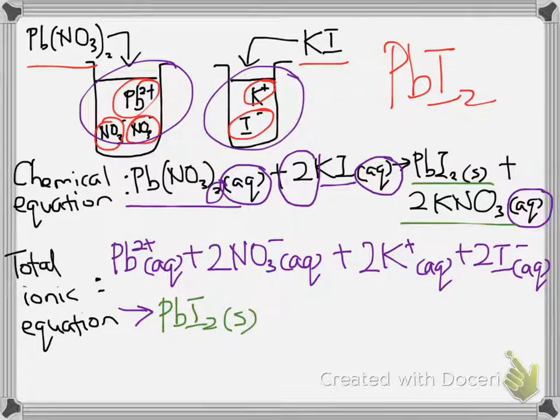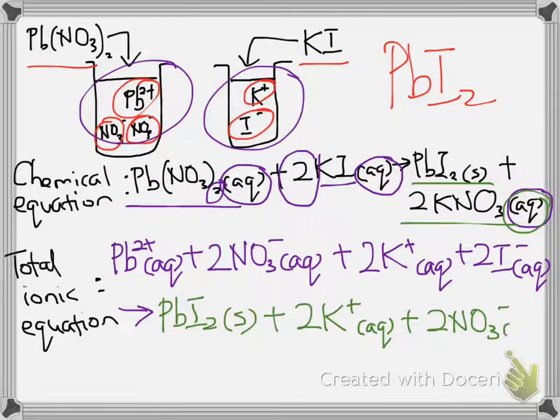Lastly, we will look at potassium nitrate. Remember, it is an aqueous compound, therefore we will split it up into its individual ions. So this will form 2K+ as well as 2 nitrate ions in aqueous state.